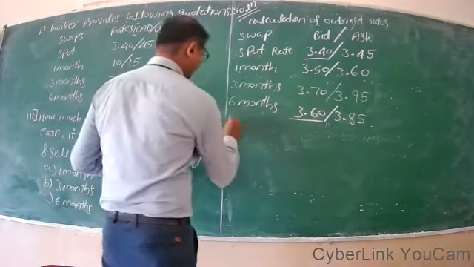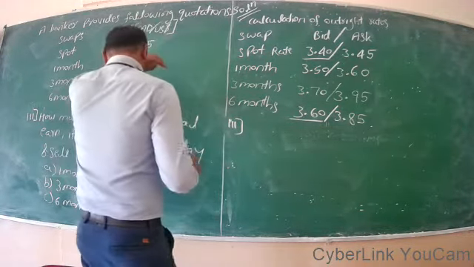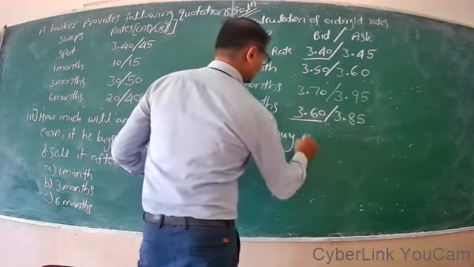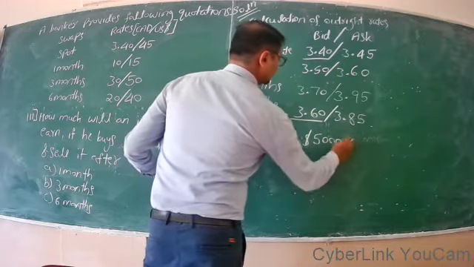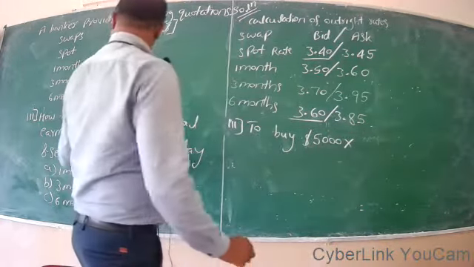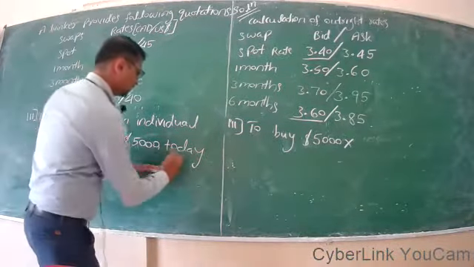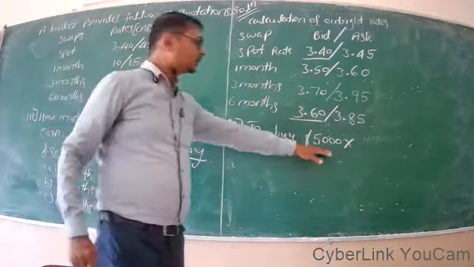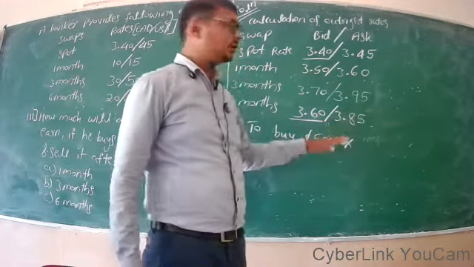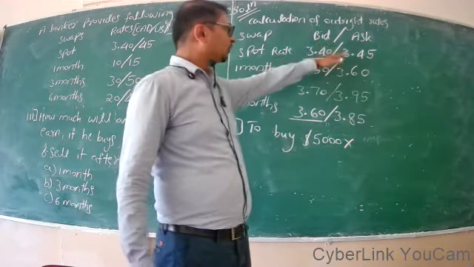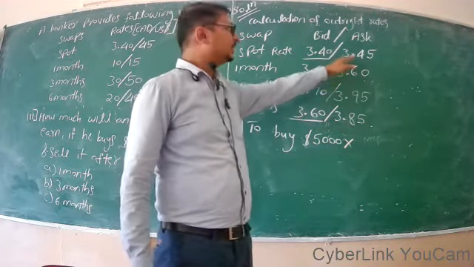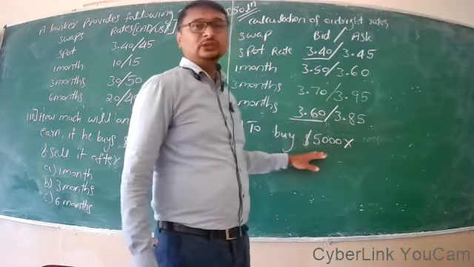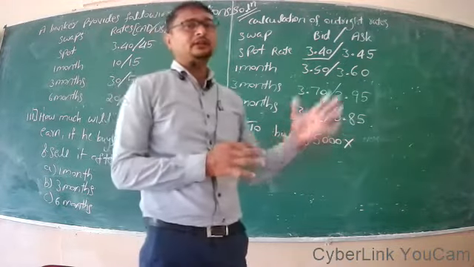To buying it, answer to the question number 3, to buy 5,000 US dollar today, that means at the spot rate. If he is going to buy the $5,000 at the spot rate, 3.40 is the banker's bid price, buying price, and 3.45 is the banker's selling price, right? So to buy 5,000 US dollar, we have to buy it from the banker.